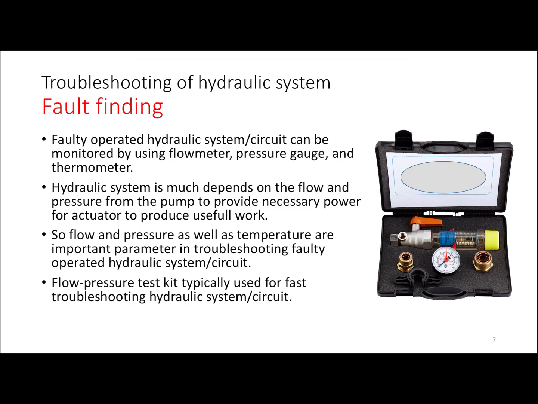It is sold in one kit known as a flow pressure test kit. Typically it already has the flow meter, pressure gauge, and also thermometer. So we can check all the parameters necessary in maintenance of a hydraulic system.